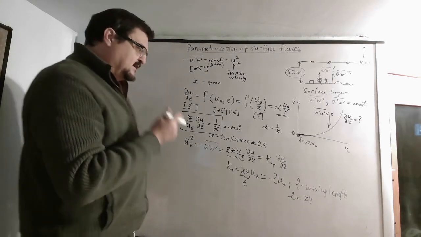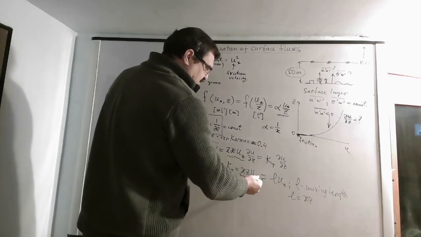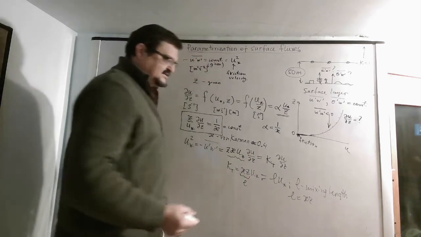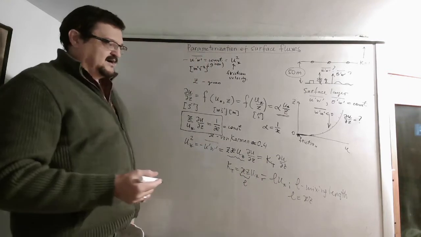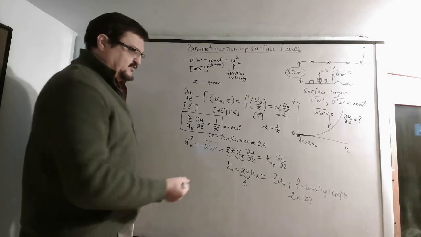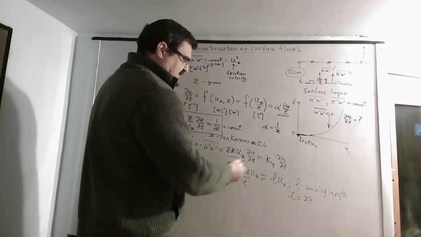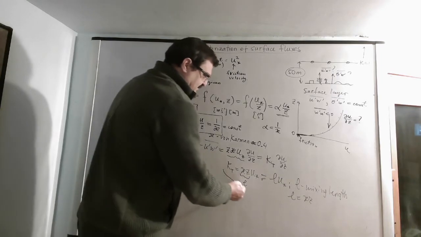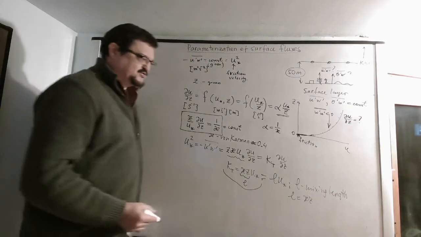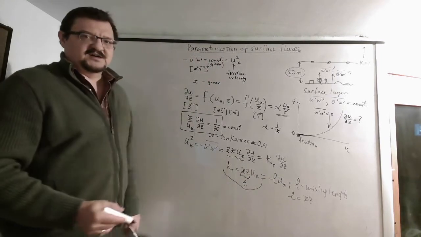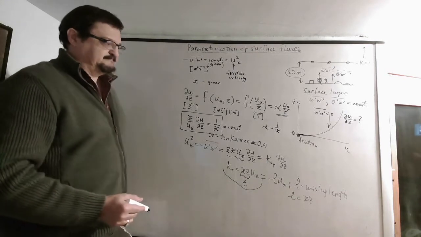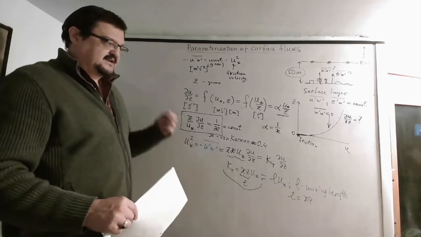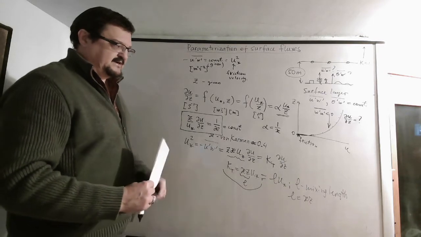So this formula was first found by Prandtl experimentally in the laboratory. This is called the Prandtl hypothesis: that eddy diffusivity is proportional to mixing length and u star, the friction velocity, and mixing length is a linear function of height.